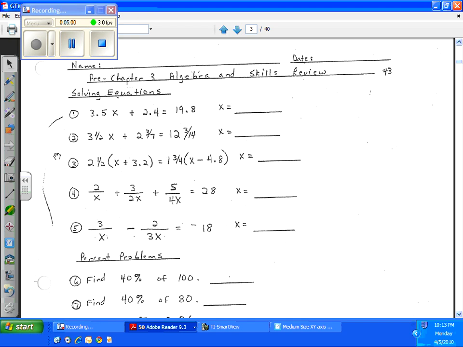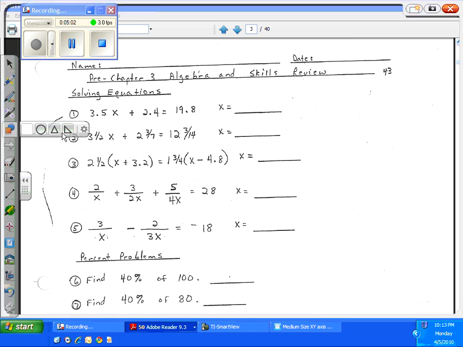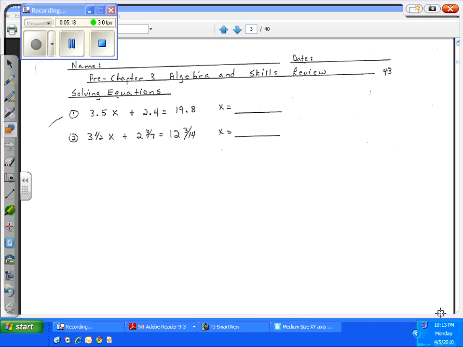Now, let's look at number 2. Just kind of want to make sure everybody understands some of this, and I think maybe excessive video may be better than not enough.